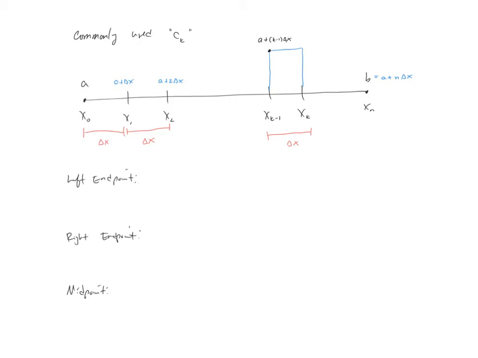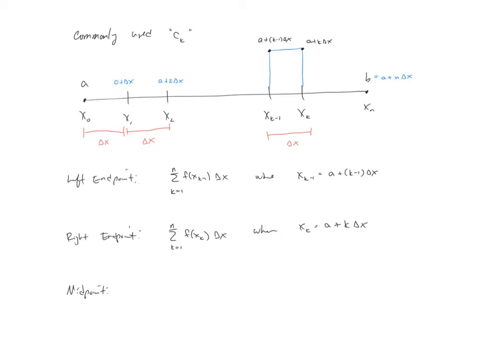So for the left endpoint, we now have our sum from k equals 1 to n of f of x sub k minus 1 delta x, where x sub k minus 1 is equivalent to a plus k minus 1 delta x. For the right endpoint, this would be a plus k delta x, meaning our sum would be from k equals 1 to n of f of x sub k delta x, where x sub k is equal to a plus k delta x.